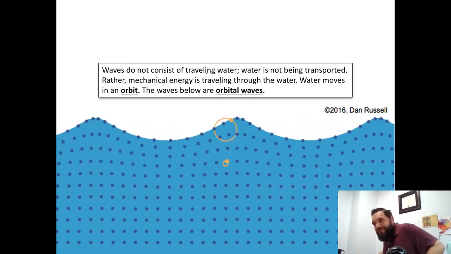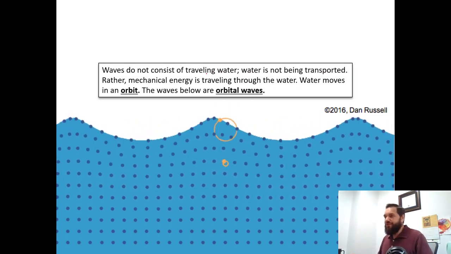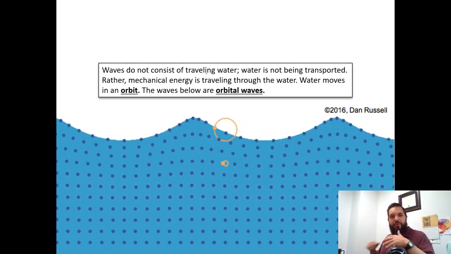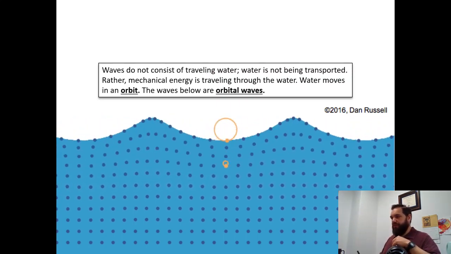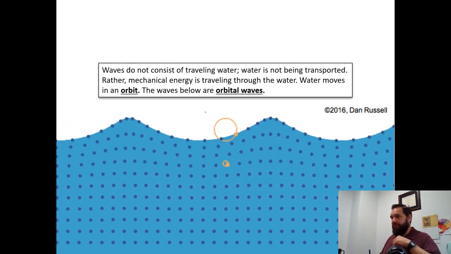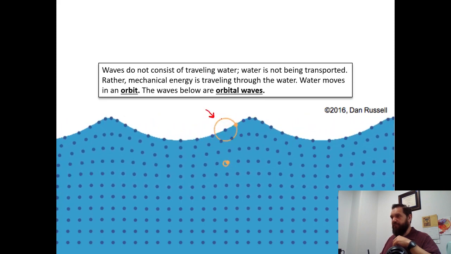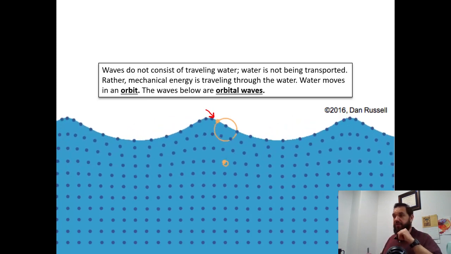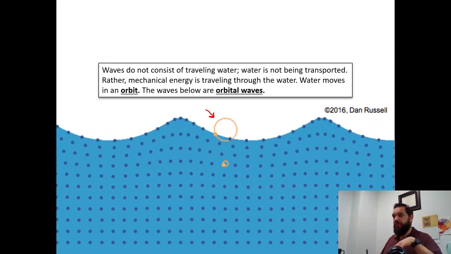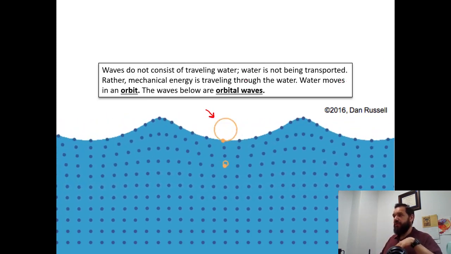So what actually is happening is that waves are moving in an orbital pattern. You can see on the screen here how these node points are not moving from left to right across the screen, but in a circular motion. Every single one is moving in a circular motion.